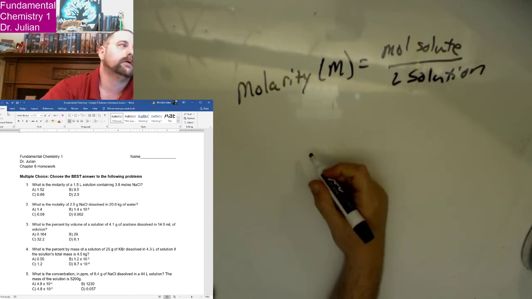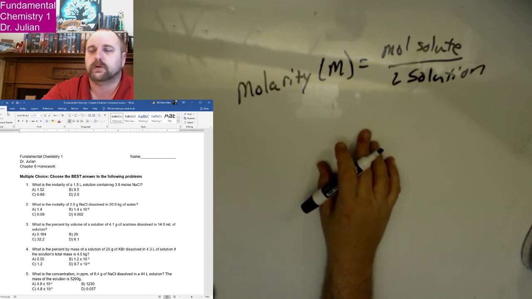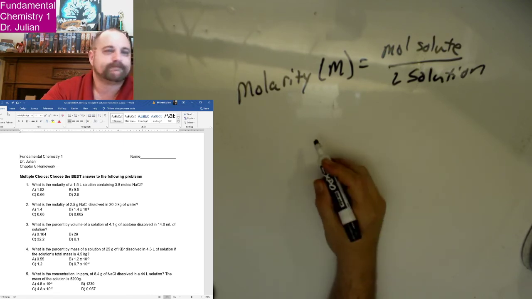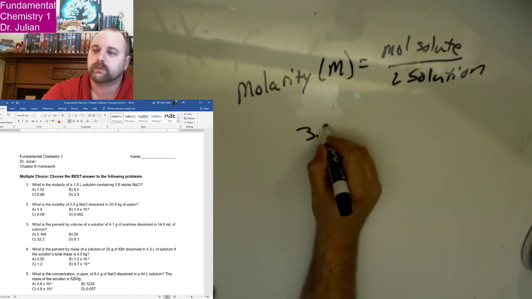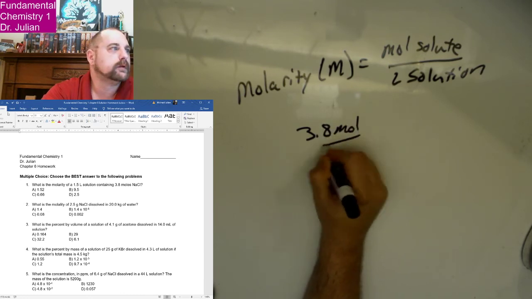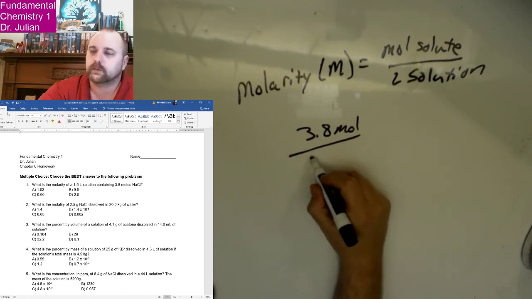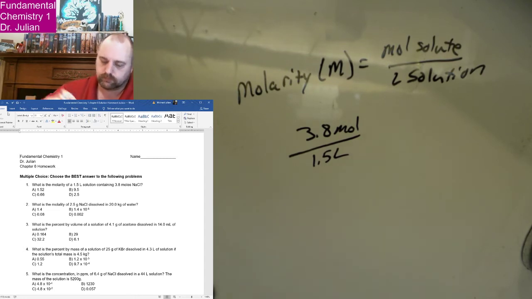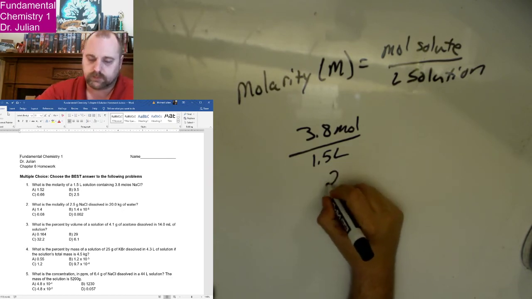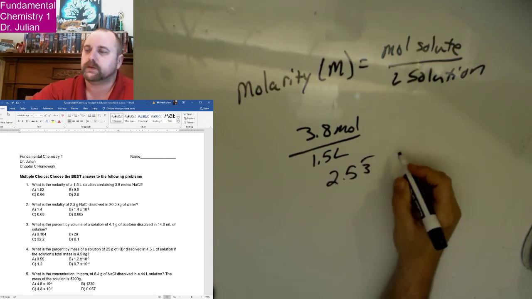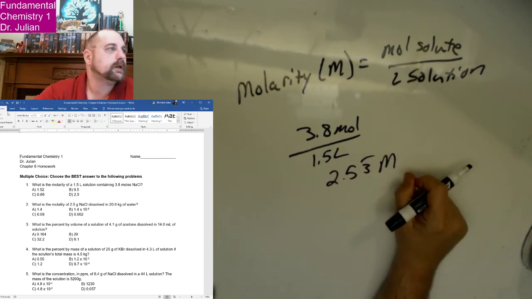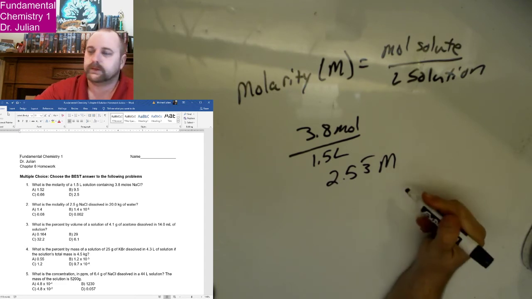I'm sure it's on my helpful equations sheet. This says take 3.8 moles and the solution had 1.5 liters. That's easy enough. 3.8 divided by 1.5 is 2.53 repeating capital M. So 2.5 D.